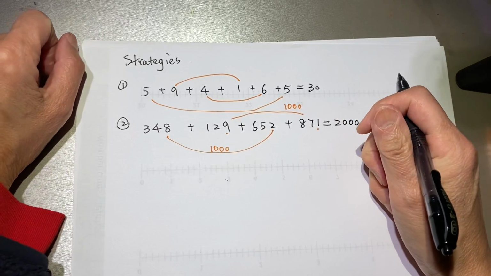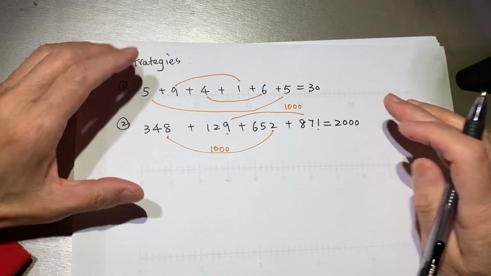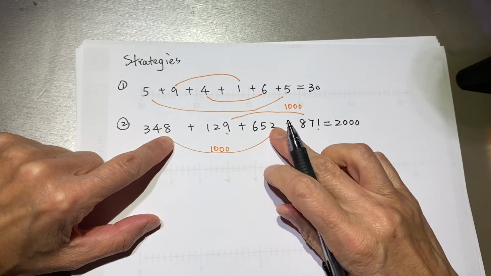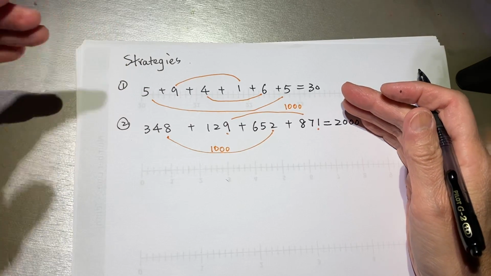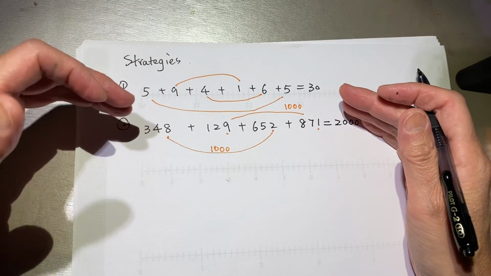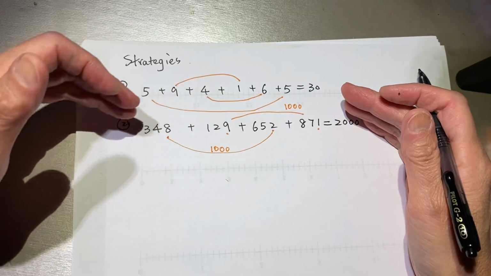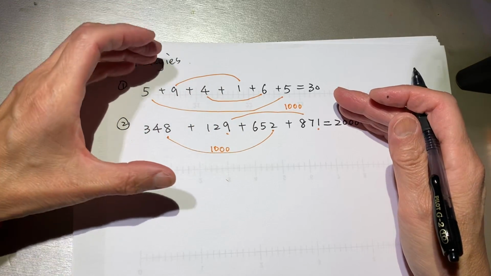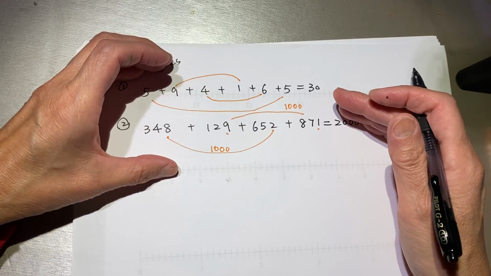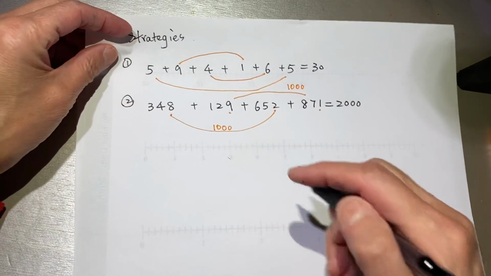So when you see a problem, try to find some relation of the numbers. Never ever go ahead and do the problem immediately. Hold on to it. Do not do it immediately.